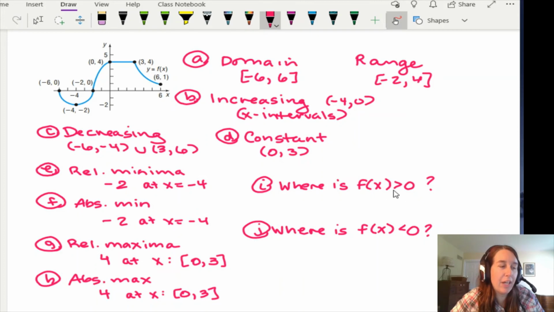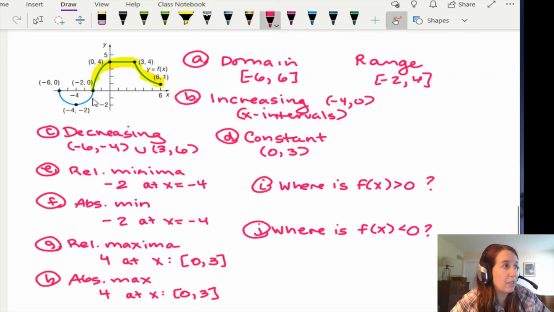So it's f of x greater than 0. F of x is the graph. Greater than 0 means positive, okay? This is f of x. Another way to say it is y. So where are the y values positive? So then I could highlight on the graph, okay, greater than 0. Well, it equals 0 there, but it's not greater. And then here, the y values are positive, and they're positive all the way over to here.